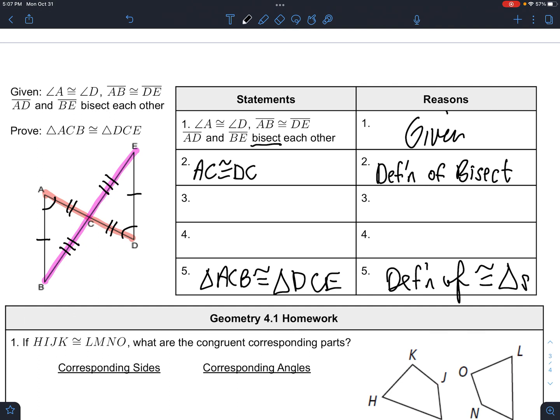So we want to say AC is congruent to DC and BC is congruent to EC. So actually we have all the sides accounted for, and we have one of the angles.